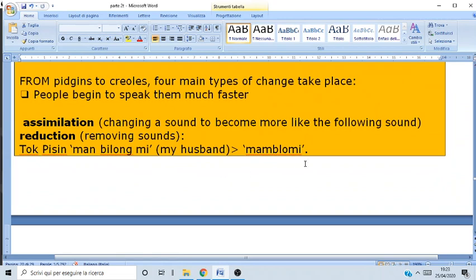Yes, okay, this one concentrates both phenomena. So assimilation, you change a sound and it becomes more similar to the one that follows it. Reduction is basically removing sounds.